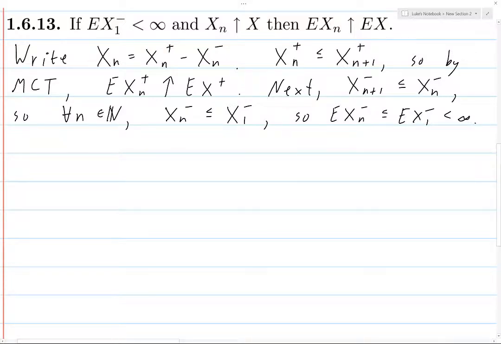And so we can apply the dominated convergence theorem with the dominating function X1 minus. We know that the E[Xn minus] converge to E[X minus]. And since the Xn minuses are decreasing, this sequence is decreasing because the expected values will decrease.